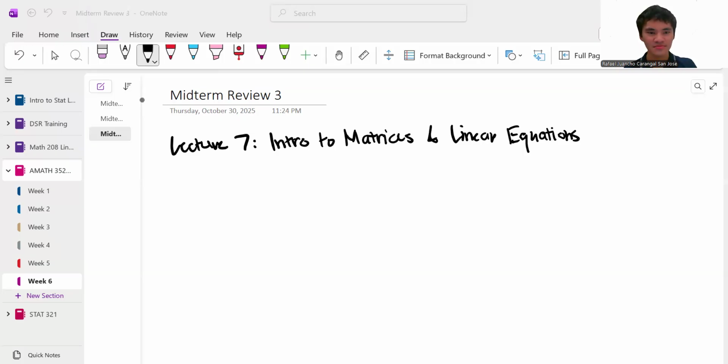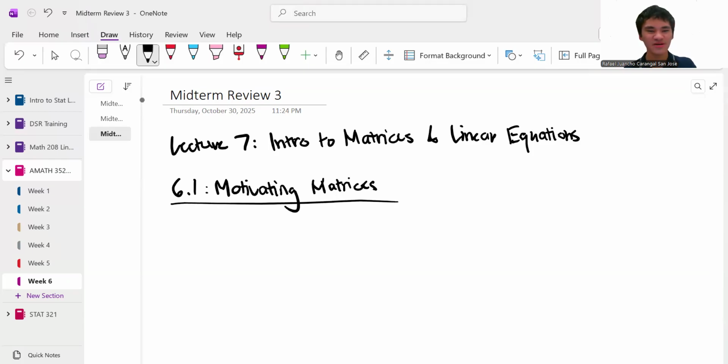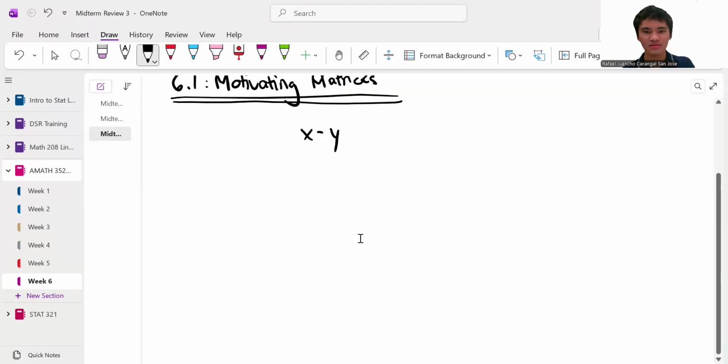I'm just going to write it out. Here we're going to motivate matrices through linear equations, and I've kind of done this already, so I'll just do it quick, basically. Okay.